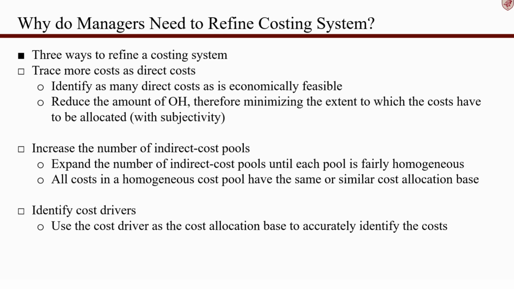The benefit of tracing cost should be greater than the cost of tracing. That is the meaning of economically feasible. So how about trying to make costs as traceable as possible so that you can reduce the total amount of the overheads, right? In that way, you can reduce the subjectivity, right?